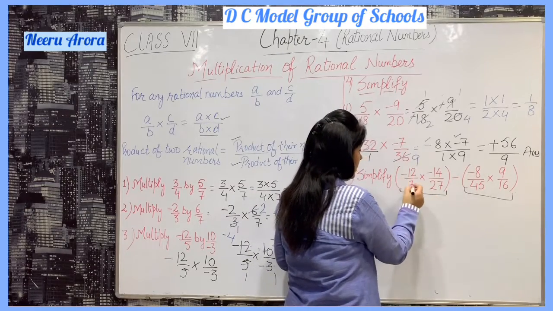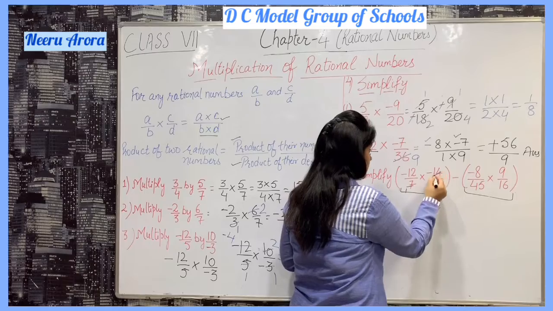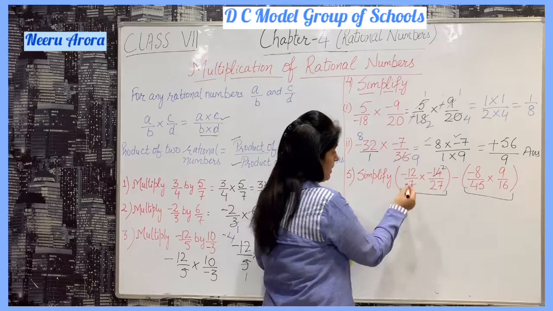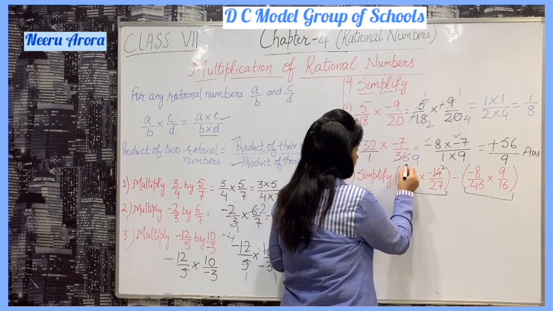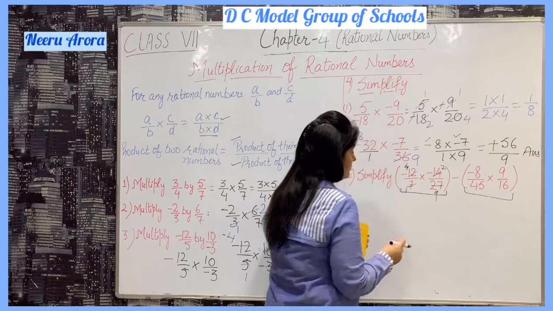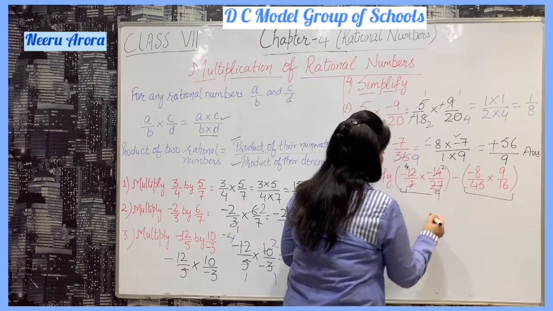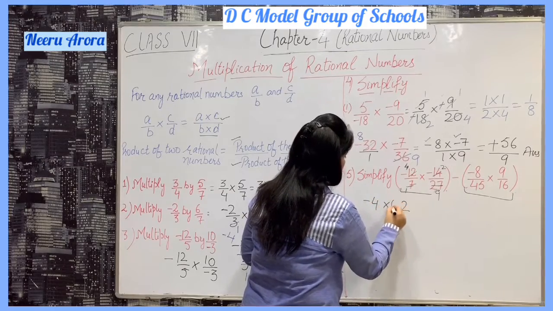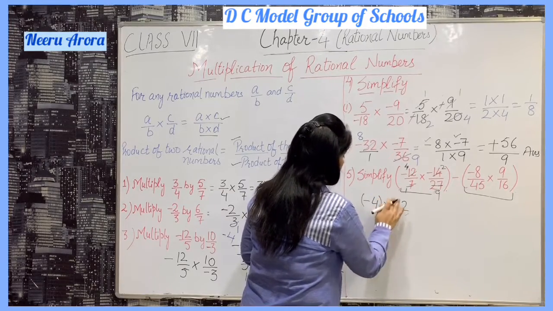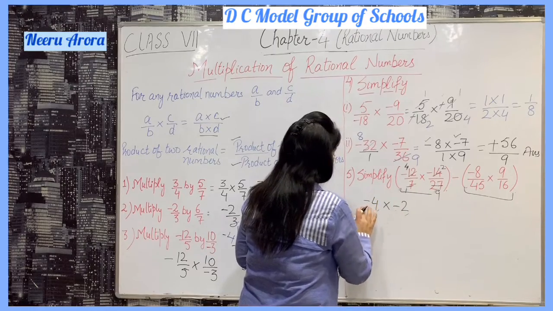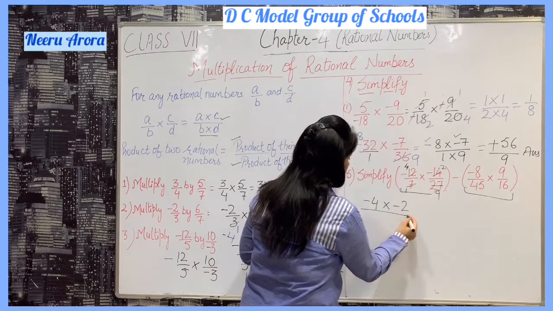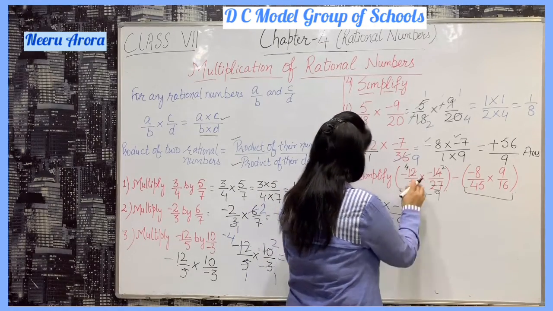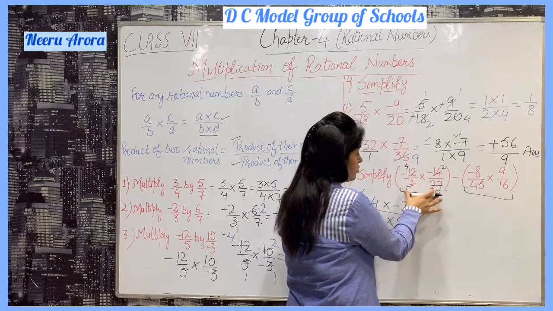We can cancel the terms: 7 ones are 7, 7 twos are 14. 12 and 27 are both divisible by 3: 3 fours are 12, 3 nines are 27. So here we get minus 4 multiplied by minus 2 in the numerator, and 1 multiplied by 9 in the denominator. This is the simplification of the first two rational numbers.